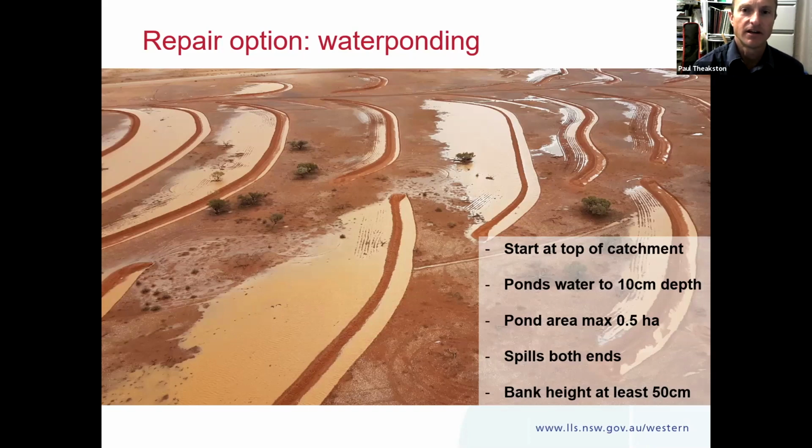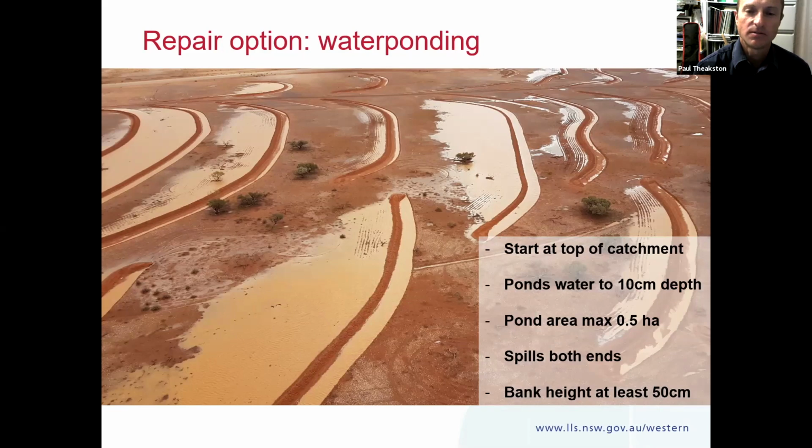And the area is no more than half a hectare. So the ponds in that photo are obviously not half a hectare, but you don't want them to be more than half a hectare because they just get too big to manage. The risk of breaking is a lot greater, and wave action. So when the ponds are full and there's wind blowing, it actually creates quite large waves, and that just eats away at the bank.